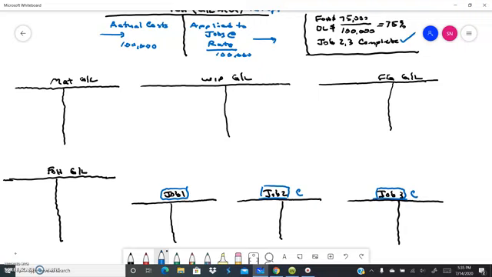If you look up above to the right, we determined our predetermined rate. We expect our full year factory overhead dollars to be $75,000. We are using direct labor dollars as an activity base, and we've estimated that to be $100,000. So we're going to apply factory overhead at a rate of 75%.